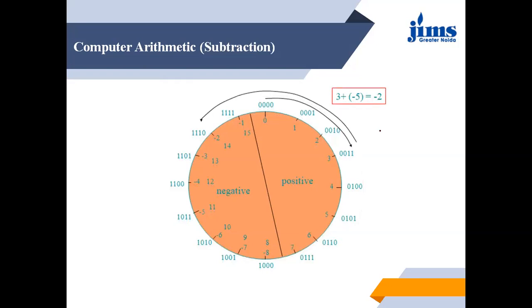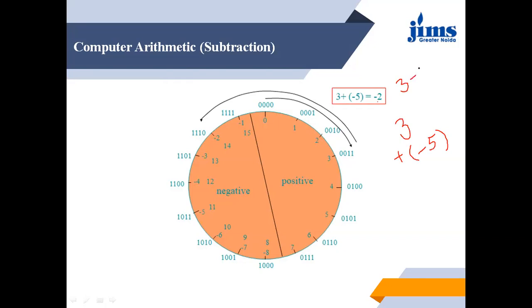Now, about the subtraction of two numbers. In subtraction, as I told you, first we have to, okay, let's try to understand it in another way. We have to add 3 with minus 5. If we see this expression, this is 3 minus 5.